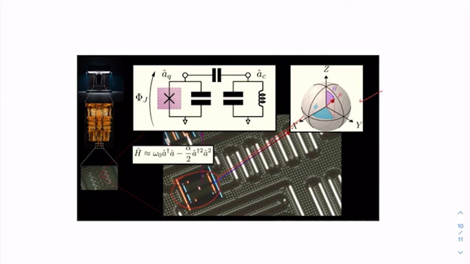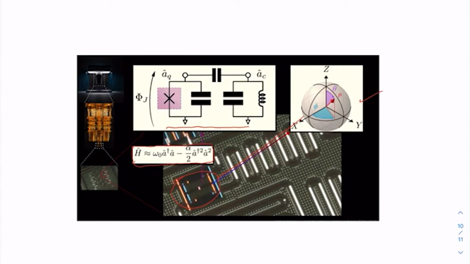At the end of the day, these are microwave, electromagnetic oscillators, and they could be represented by circuits, as shown by this diagram here. In fact, they are going to be quantum circuits, and we'll see later that we can write a Hamiltonian to represent the system. This is what we are going to work out later in the module.